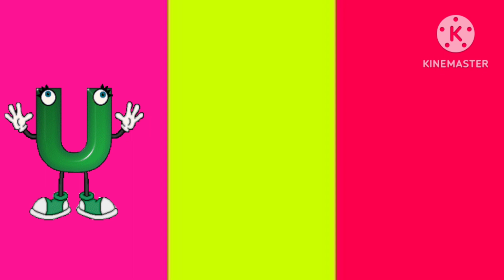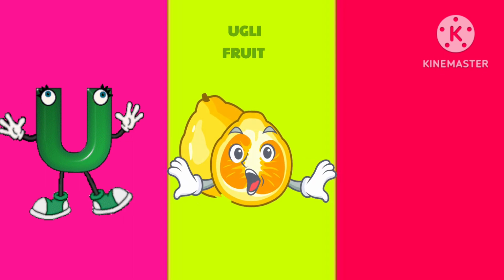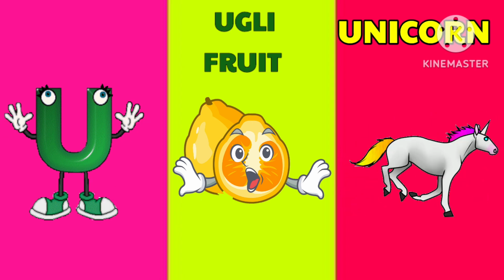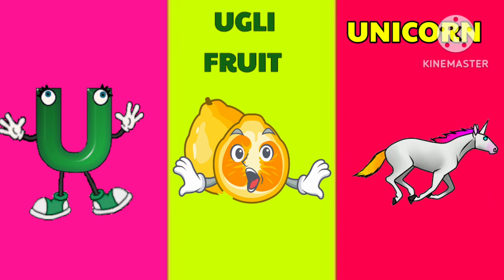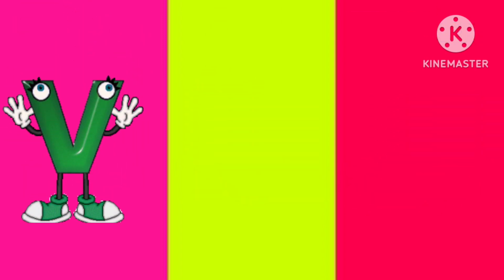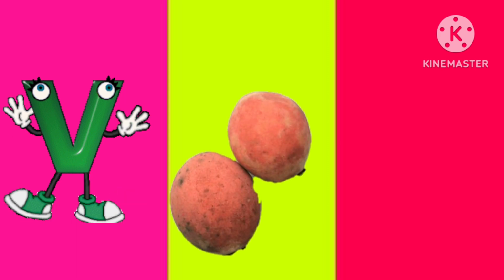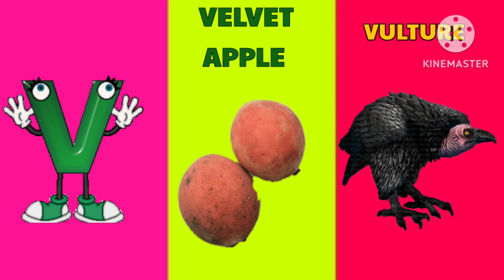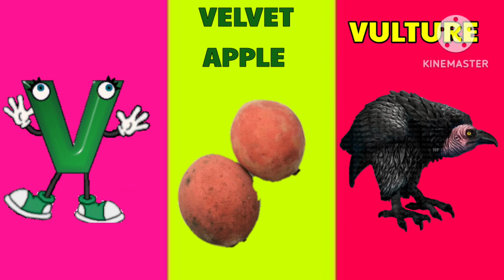U. U for ugly fruit. U for unicorn. V. V for velvet apple. V for vulture.